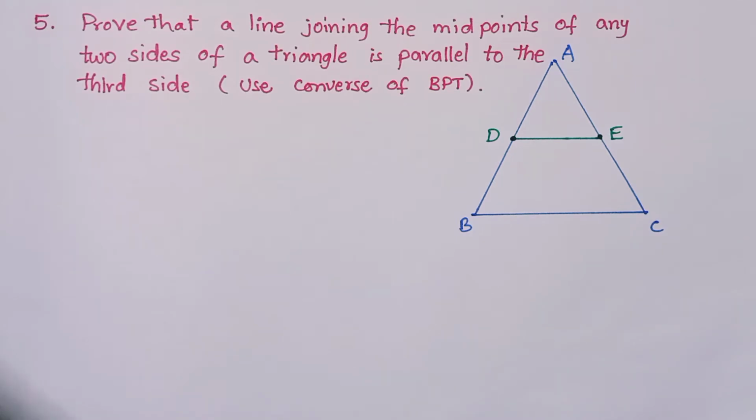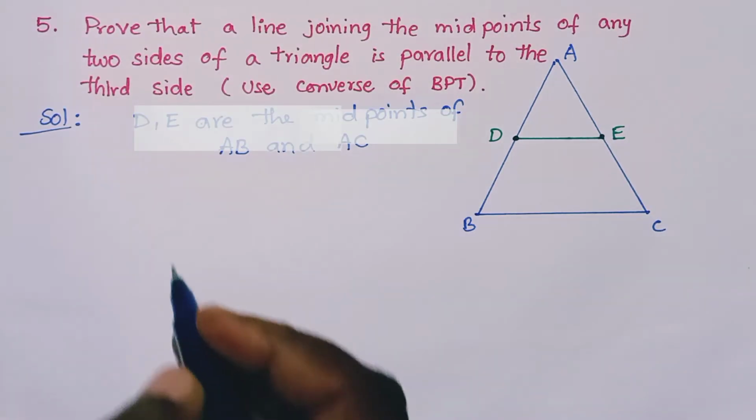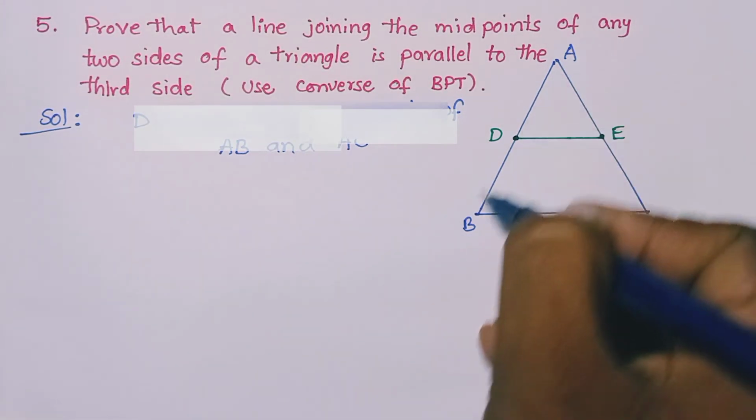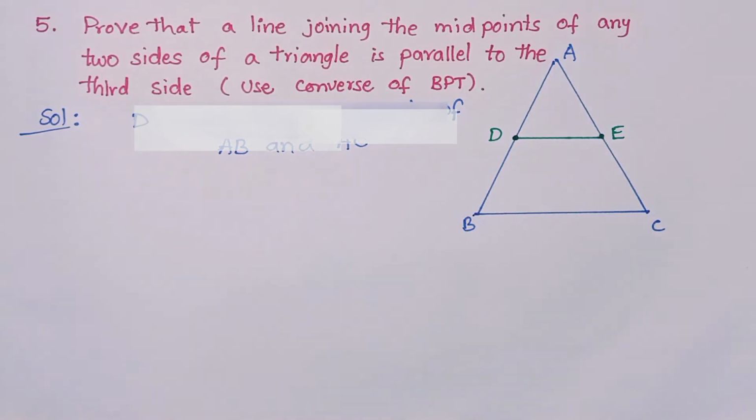For that, since D is the midpoint of AB, the lengths of AD and DB are equal.